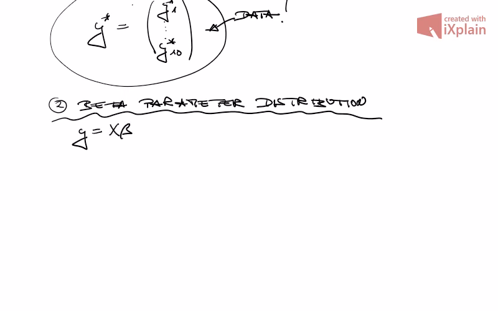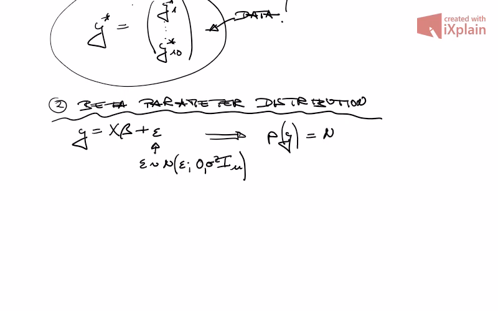We first talked about this distribution and said that epsilon is distributed according to this. And from this, we then came up with the distribution of y as this. Does anyone remember what we used to come up with that?